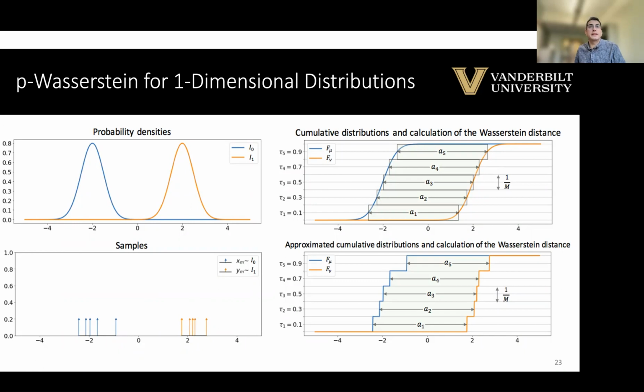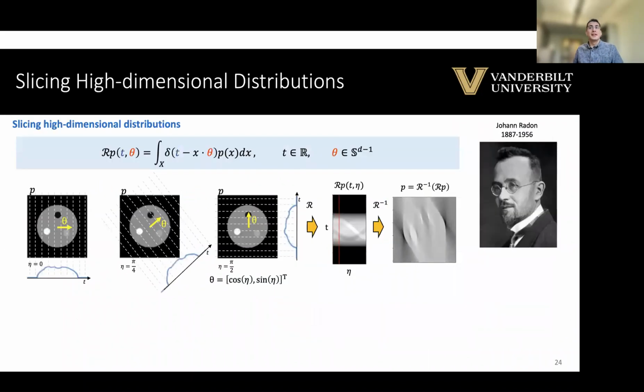What can we do to leverage this closed form solution of the p-Wasserstein distance for one-dimensional distributions? Well, we can rely on computational tomography a little bit. For those of you who are familiar with the Radon transform, that's commonly used in computational tomography.